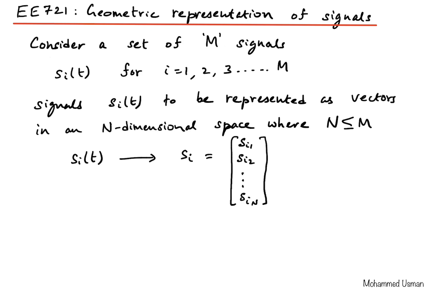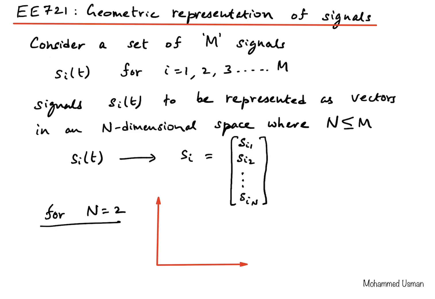Once we have this vector representation, we are going to have the axes of our space. For example, if it's a two-dimensional space, for n equals 2, then we are going to have two axes, the x-axis and the y-axis. But what is important is, what does that axis represent?